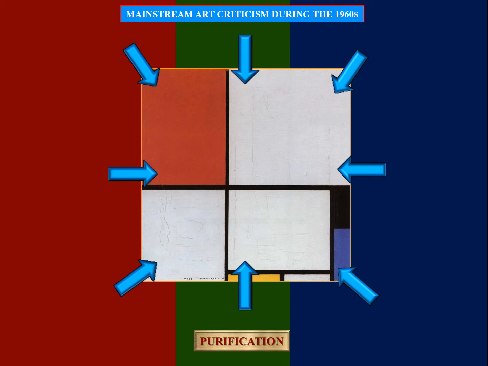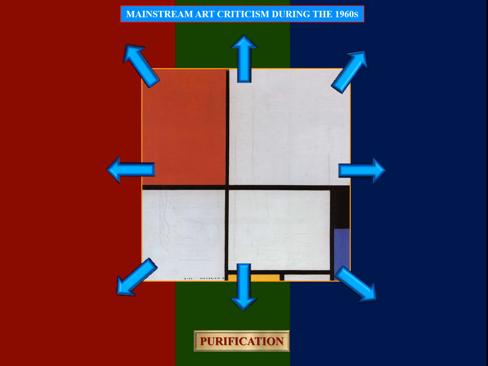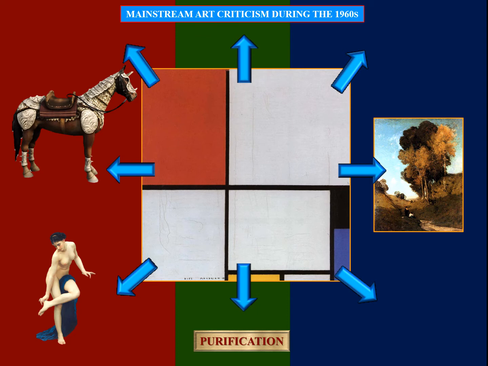It was entirely self-referential. It did not bring to the attention of the viewer anything outside of itself, like a horse, a lady, or a tree, because that was a contamination to the purification of a painting.